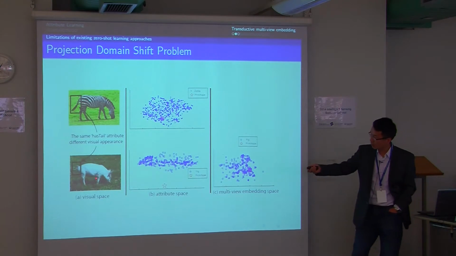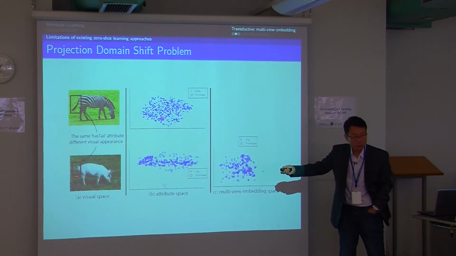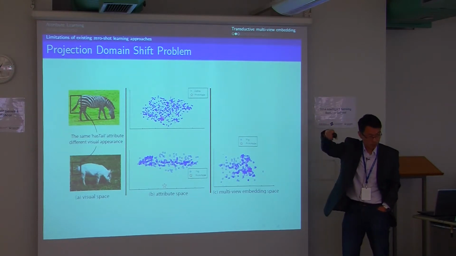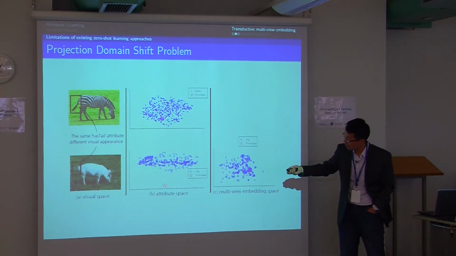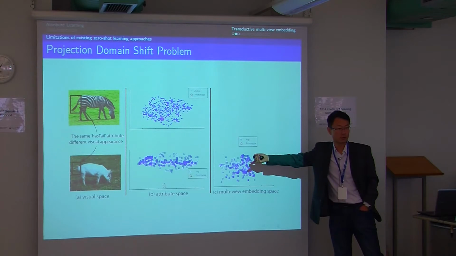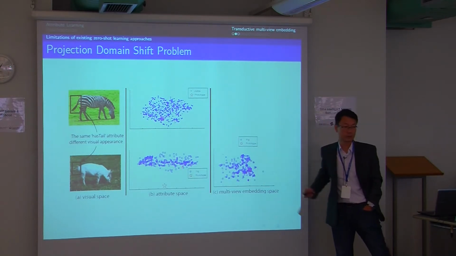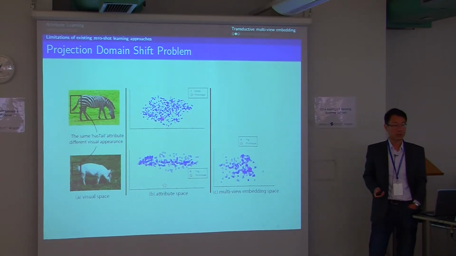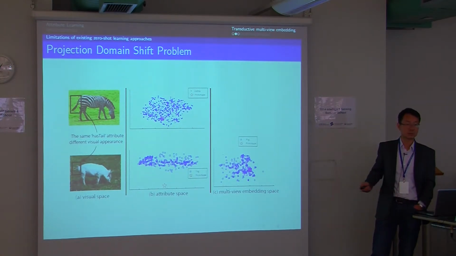But if you project your pig image into the same space, using the projection I learned from other classes, the prototype point will be miles away from the actual data points. So this is the prototype point for pig, and these are the actual data points for pig. How can you recognize those images as pig?